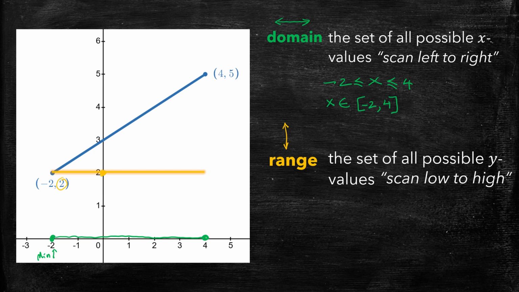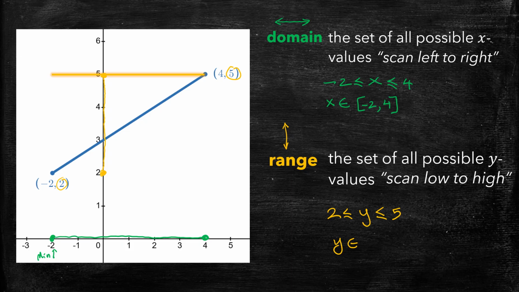And as we scan upwards to the highest y value, we trace out this path here from 2 to 5. So we could say 2 is less than or equal to, be careful here, we want to make sure we write y, which is less than or equal to 5, right? 5 is the highest y value. And we also might write y is contained in the interval 2, 5.